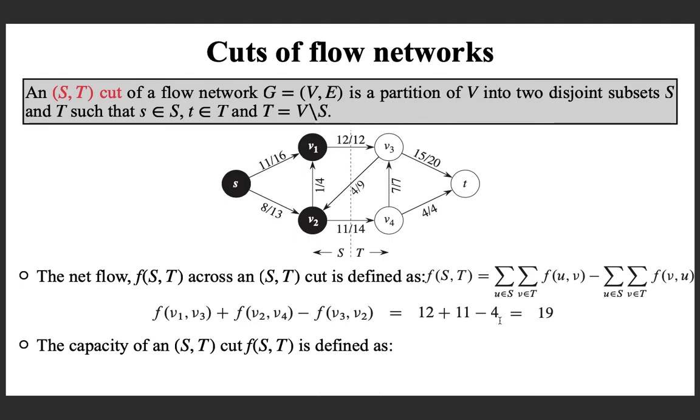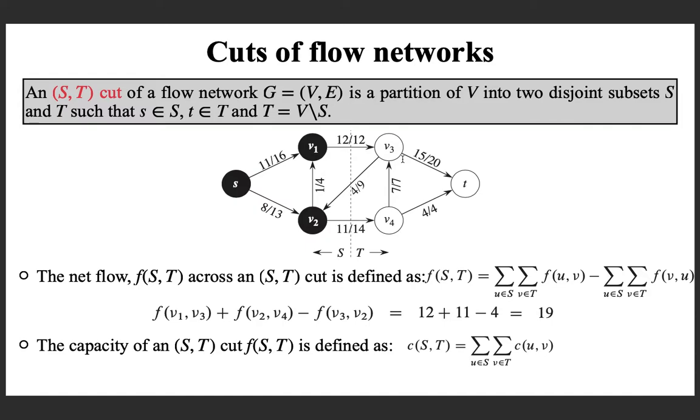Now, there is another factor for a cut, which is the capacity of an ST cut, defined as CST. This should be C, sorry for that. It is defined as the total capacity of all the conduits going from left to right.